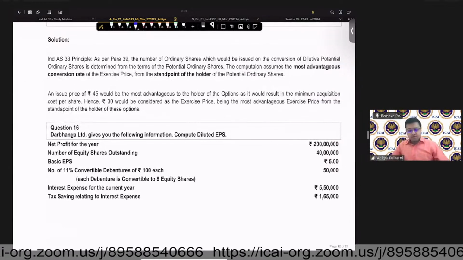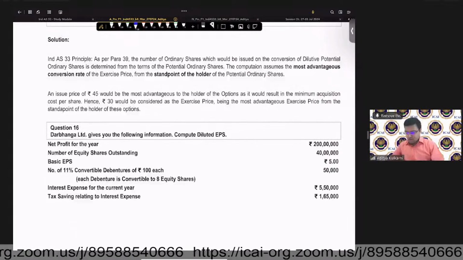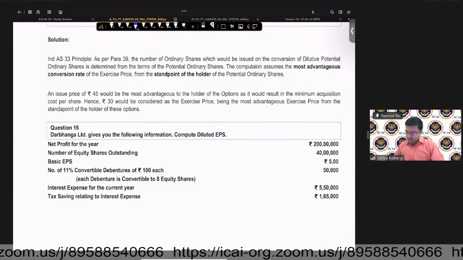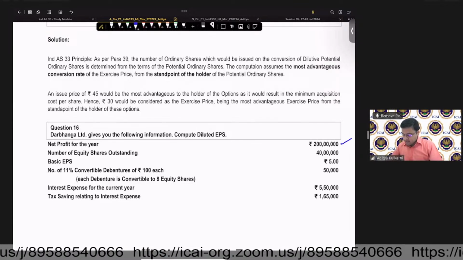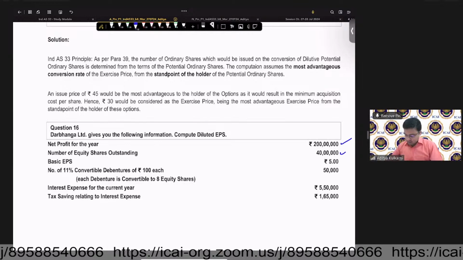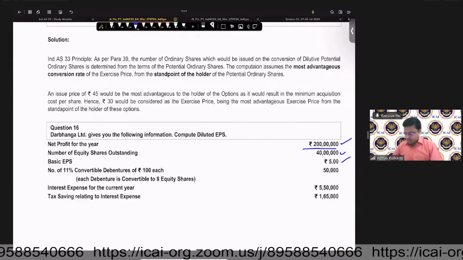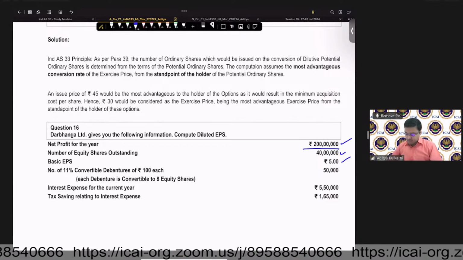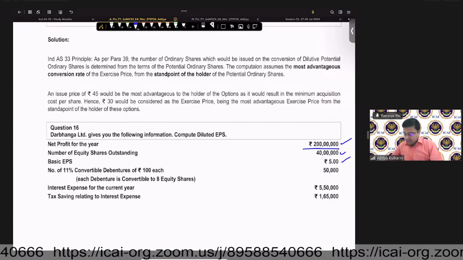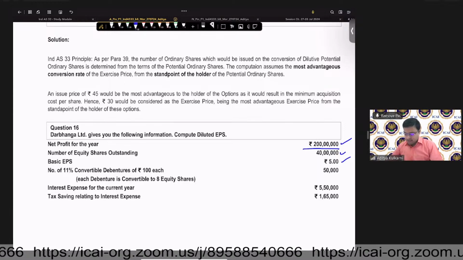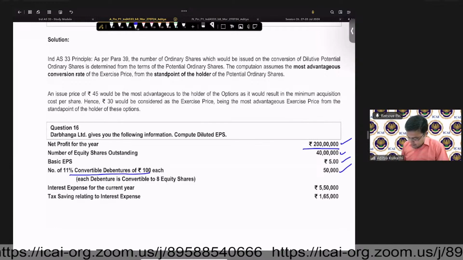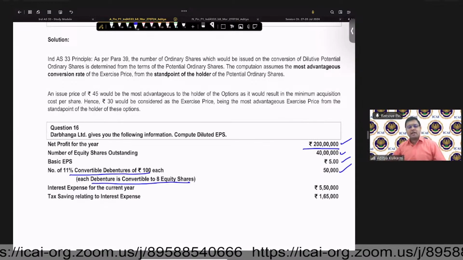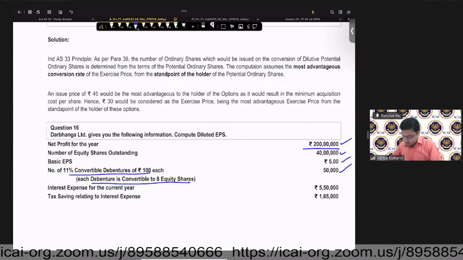Darbhanga Limited gives you the following information to compute the diluted EPS. Net profit for the year is 2 crores. Number of equity shares outstanding is 40 lakhs. Basic EPS is 5. You just divide it, you get 5. Number of 11% convertible debentures of rupees 100 each, 50,000. Each debenture is convertible to 8 equity shares.